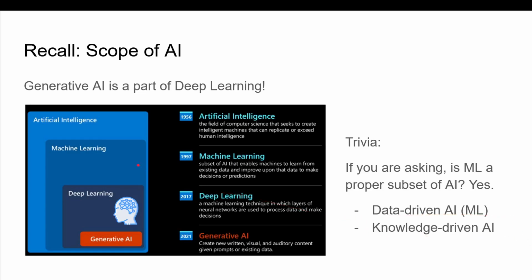And within machine learning, there is also conventional machine learning that doesn't involve deep learning, such as random forest, KNN, naive Bayes, and so on.